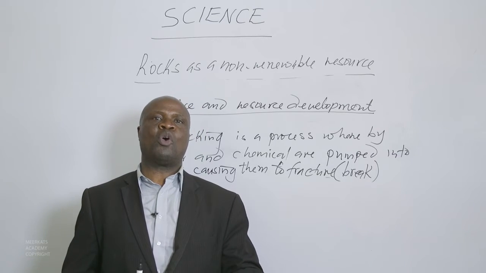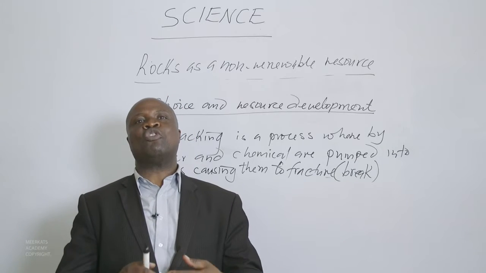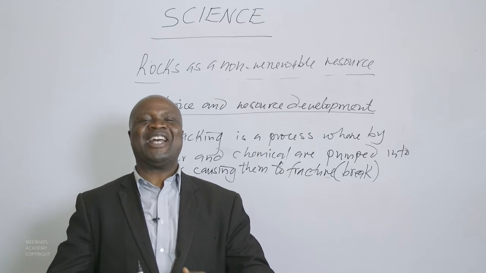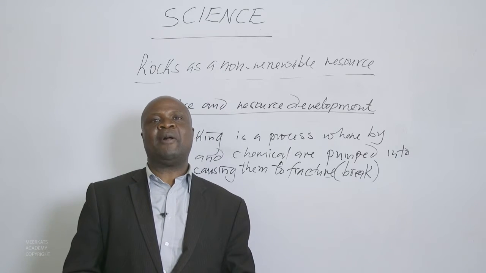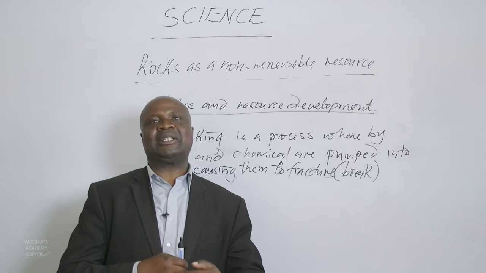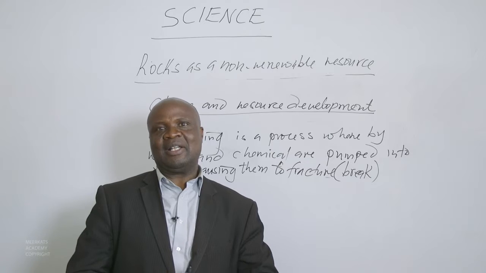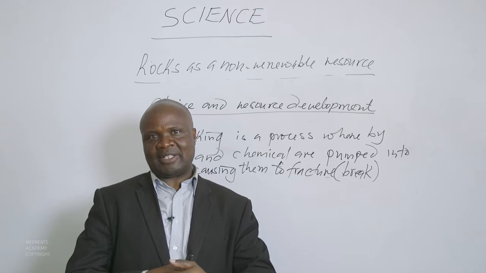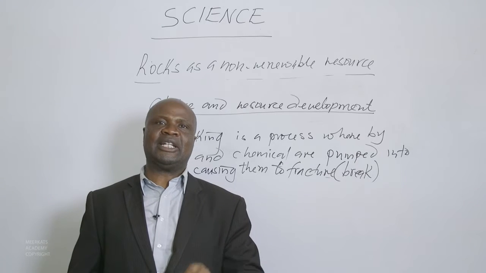It will affect what we call the ozone layer. And we know, as we mentioned earlier, that the ozone layer is very important as far as human life is concerned. For instance, it protects us against ultraviolet rays, which, when they come into contact with our skin, can cause skin cancer.